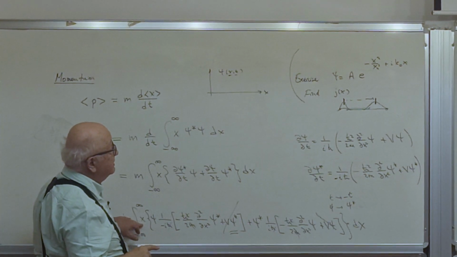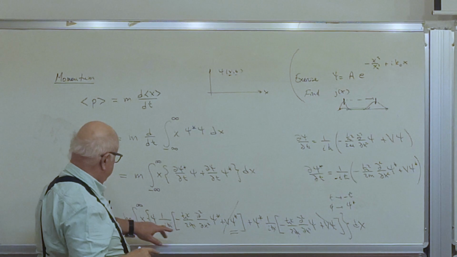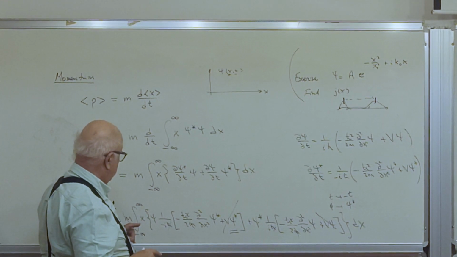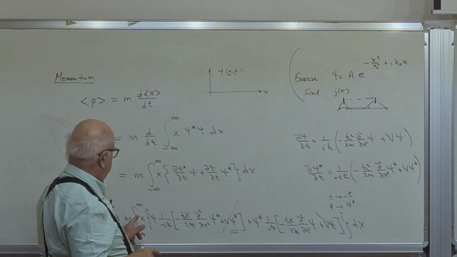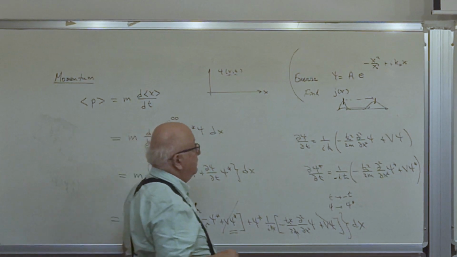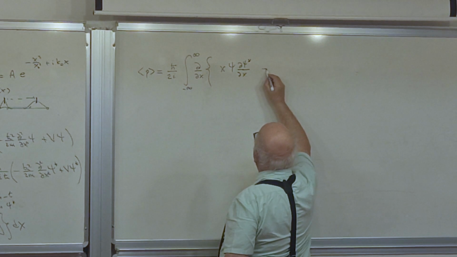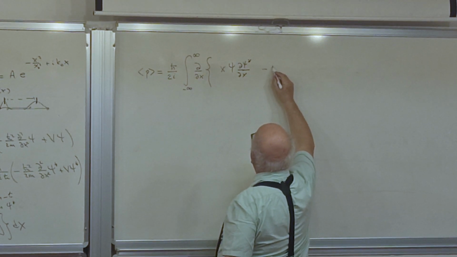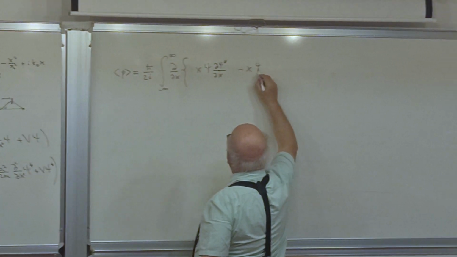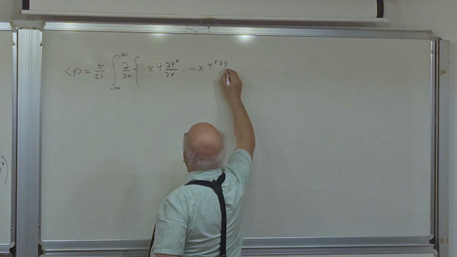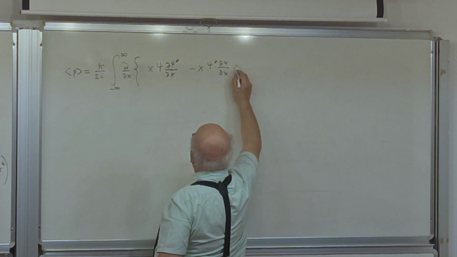Let's make sure the signs and everything are correct. h bar over 2i, x psi psi star. Very good. And then I have the same thing with the minus sign, which goes like x psi star del psi del x.